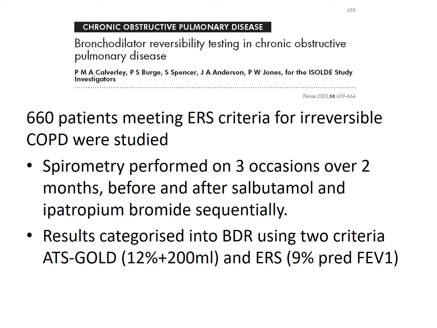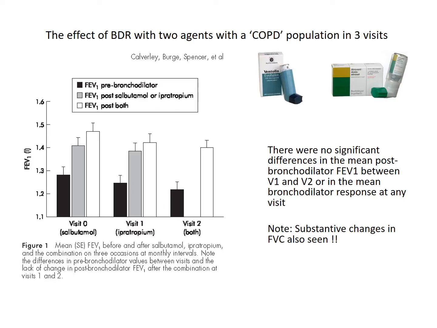And they used 2 criteria for classifying a bronchodilator response. So this slide summarizes what the study did with the bronchodilator response in 3 visits over the period. In the first visit, this is a pre-bronchodilator FEV1. This is after salbutamol, and this is after ipratropium bromide. Here at visit 1, pre-bronchodilator, and then after ipratropium bromide, look at the response and addition of salbutamol.